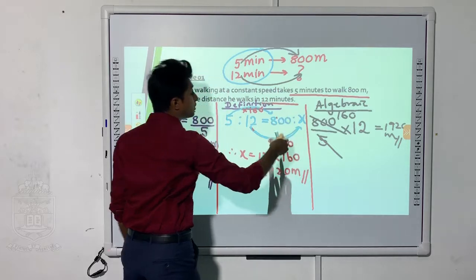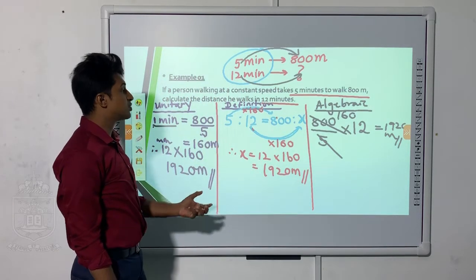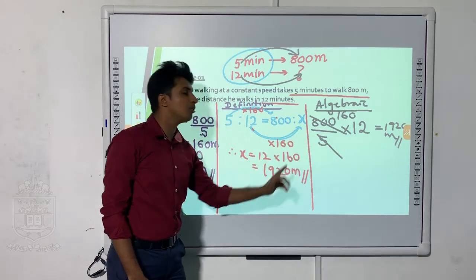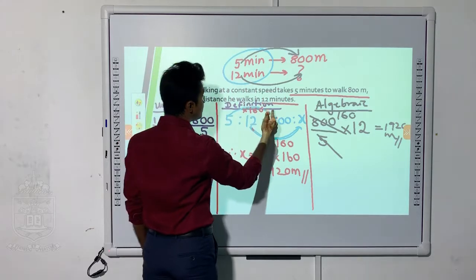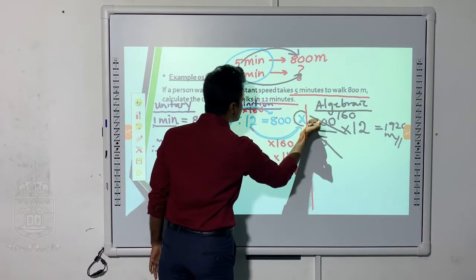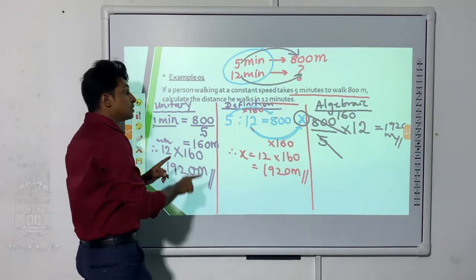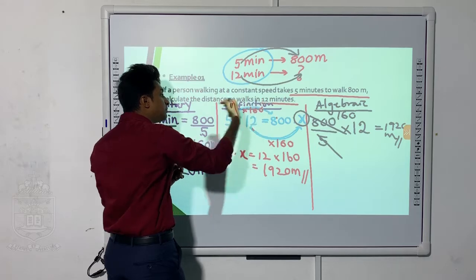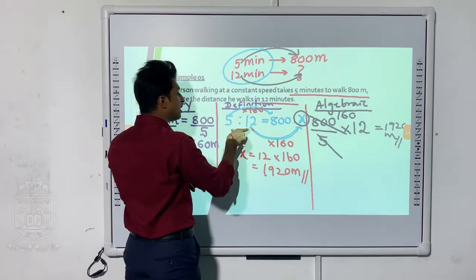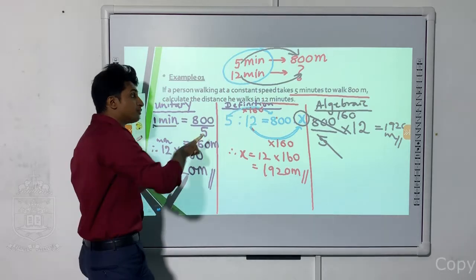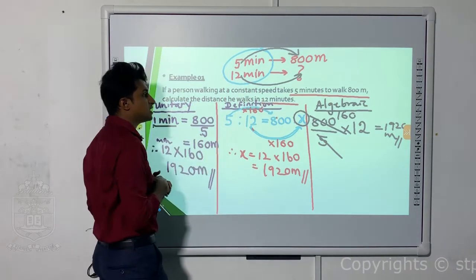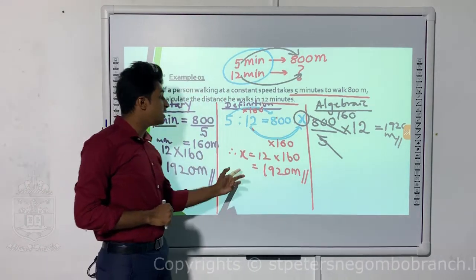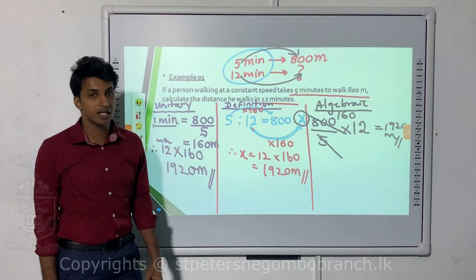Then the other side also has to be written as a ratio. For the first time I check what the length is, then for the second time what the length is. For 5 minutes it is 800, for 12 minutes I don't know, so I have taken the value as x. 5 became 800 by multiplying by 160, so 12 should also be multiplied by 160, and you get x as 1920, the same answer.